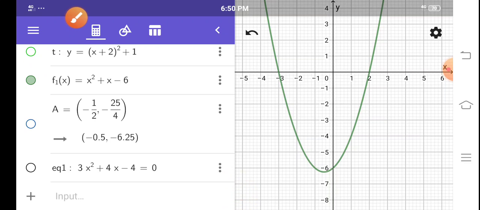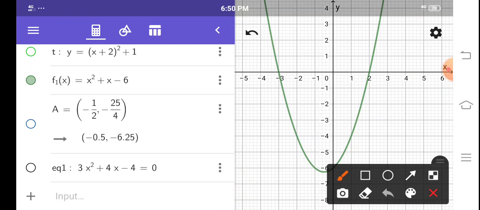Okay, this is our graph of problem number 3, x squared plus x minus 6.